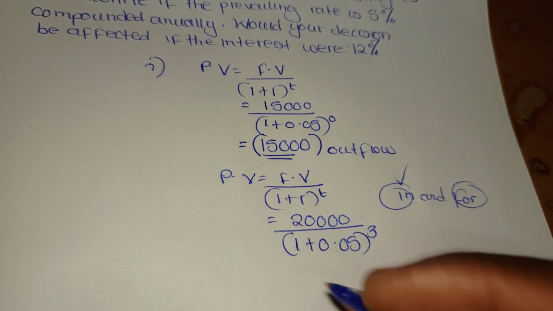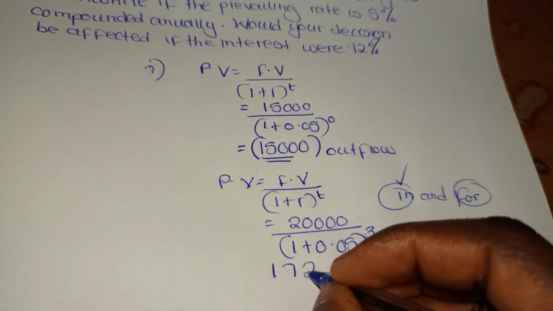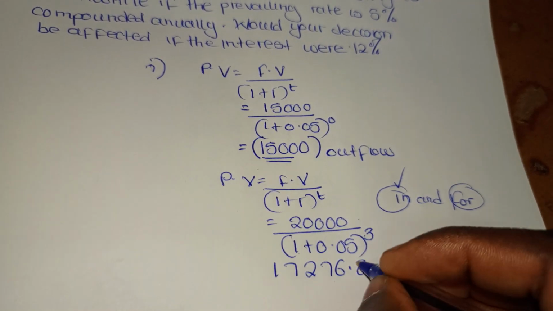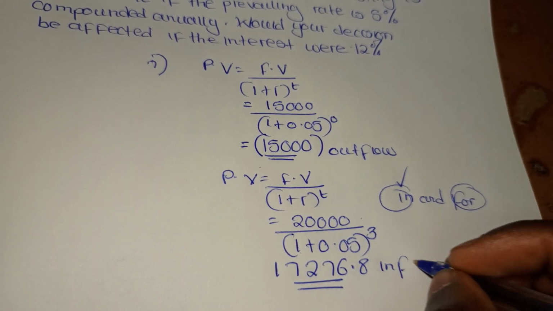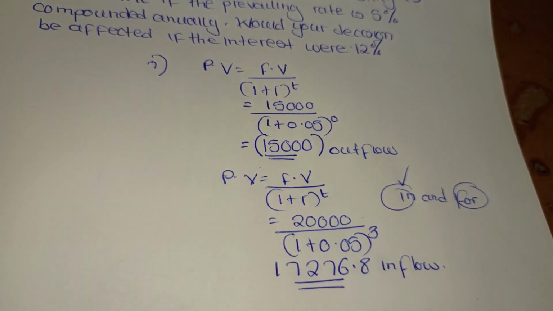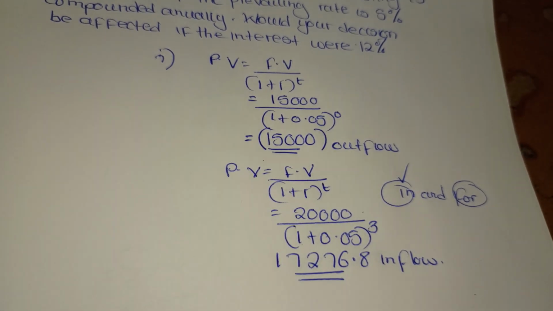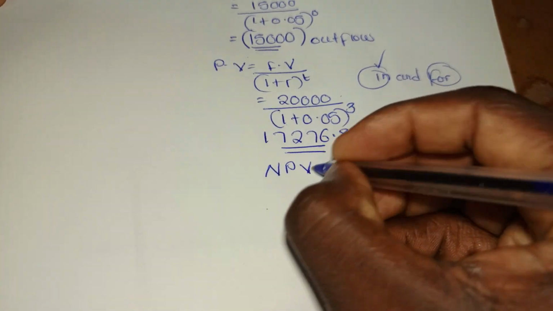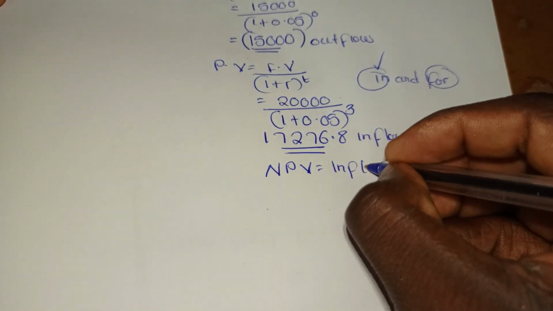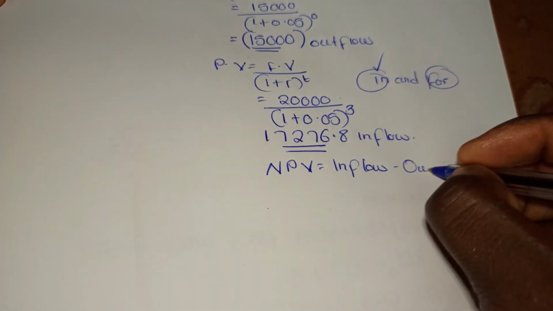Then here you will have 17,276.8. So this is the cash inflow. Then if you want to determine the net present value, you will determine it with inflow minus outflow.